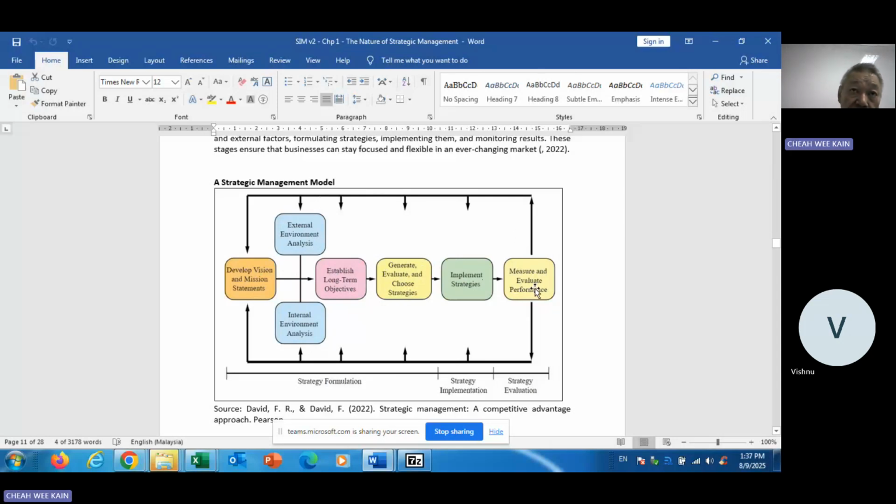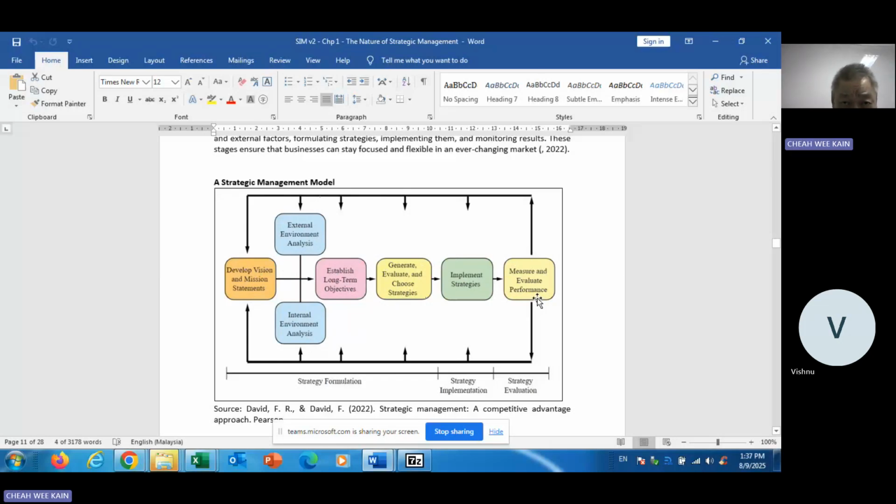What happens if the actual doesn't meet the budget? Okay, then we look at not only making the new strategy, we look at the past. How did the original strategy come out? Did we make a mistake? So that's called evaluating the strategy. There are now two things.